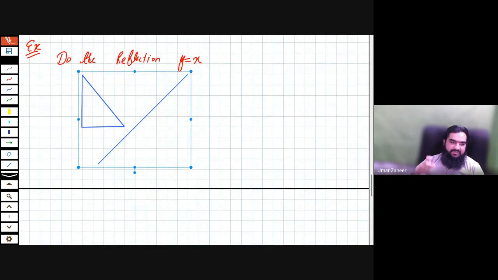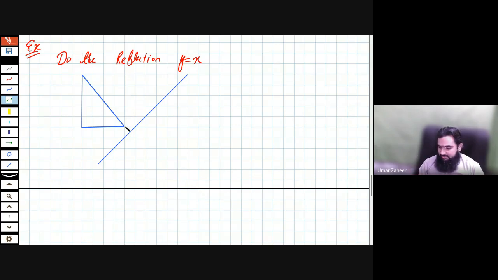Look here, this is the first type of question. The examiner gives you the transformation and the image, and you have to make the object. So you have to take the perpendicular distance from the line of reflection. The perpendicular distance always makes a 90 degree angle.